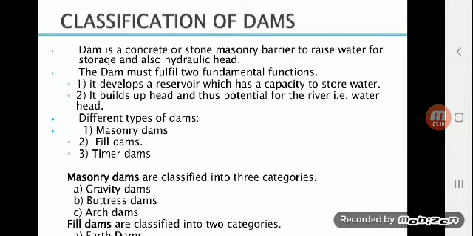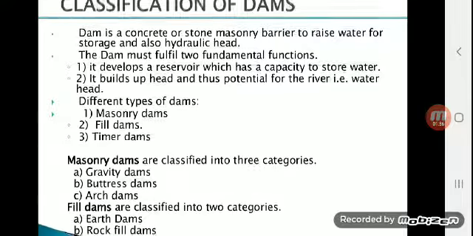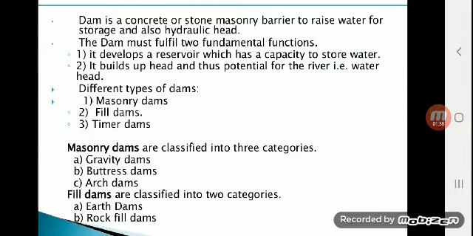So these dams are just an obstruction in the passage of the river so that we can raise the level of water and use that potential energy to run our turbines.